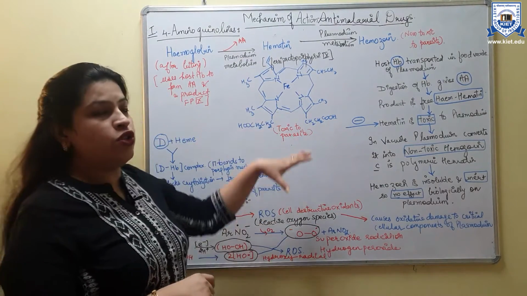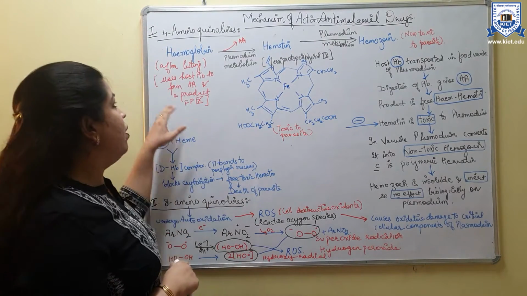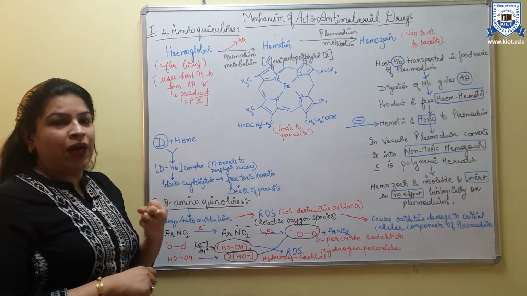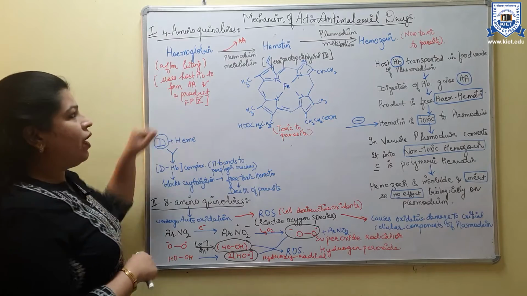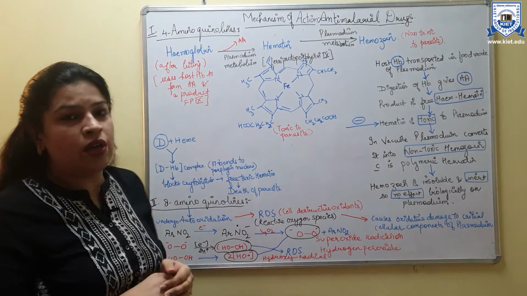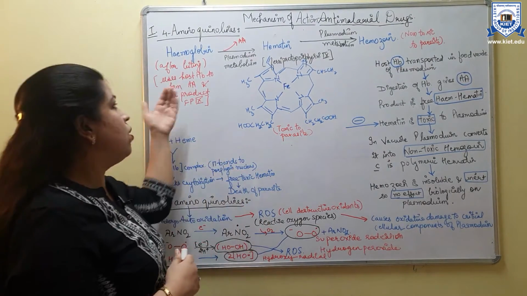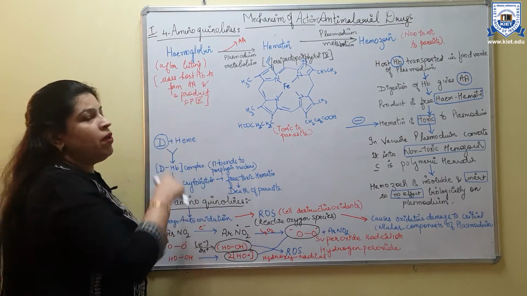What usually happens when malaria is there: the hemoglobin taken up by the mosquito after biting uses the host hemoglobin to form amino acids.